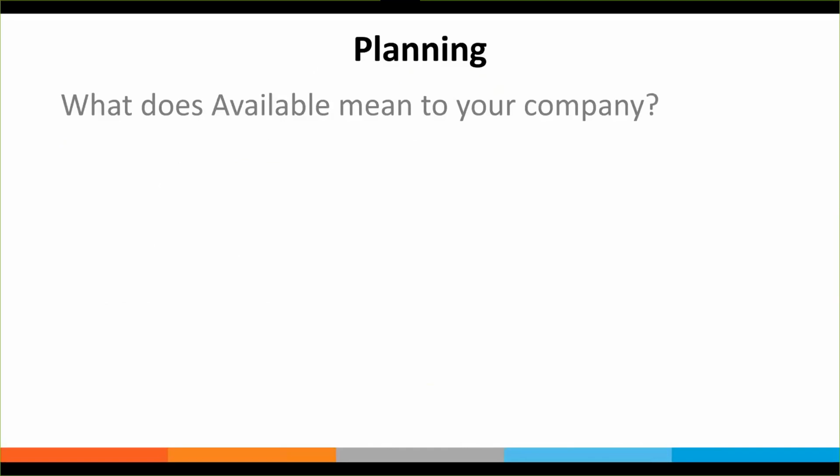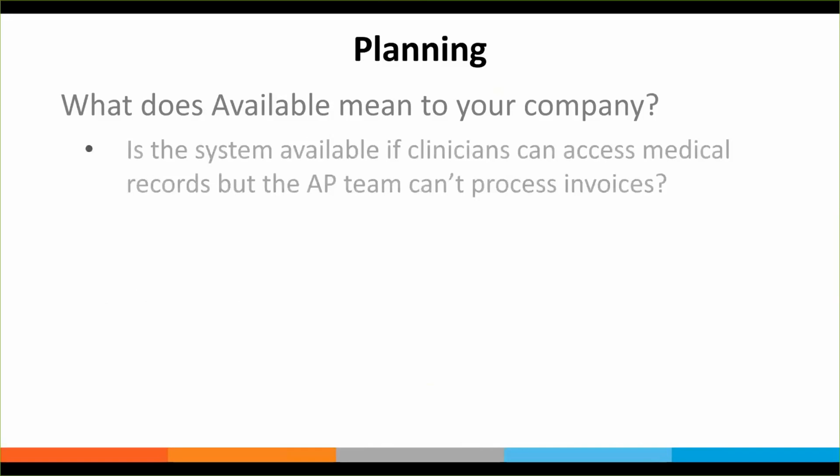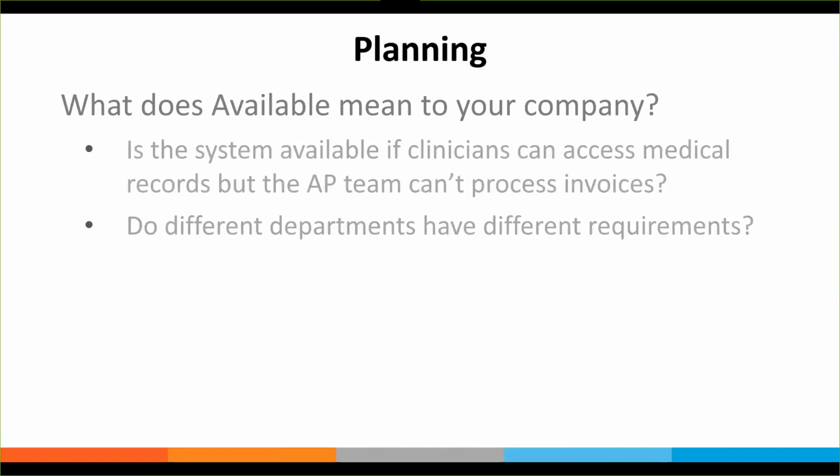And what does being available mean to you? Is the system available if clinicians can access medical records, but your AP team can't process invoices? Is that available? If you're a hospital, maybe. Do different departments have different requirements? Which software is critical to each area?